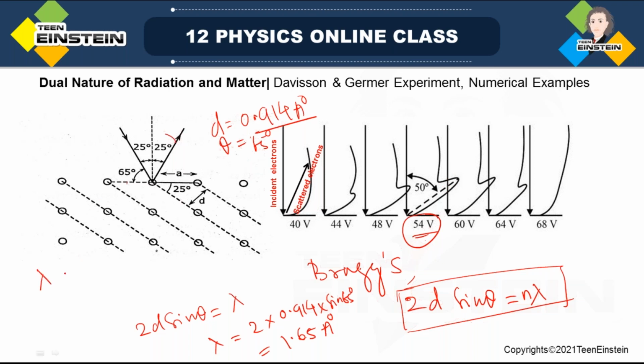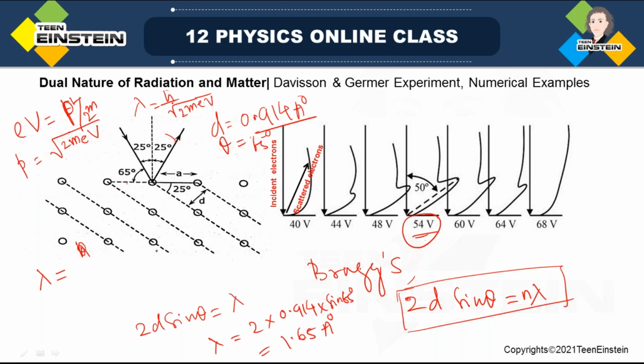If we want to find the de Broglie wavelength at that potential, if you accelerate an electron with potential V, eV will be the kinetic energy, equal to P squared by 2m. So P will be root over 2m into eV.